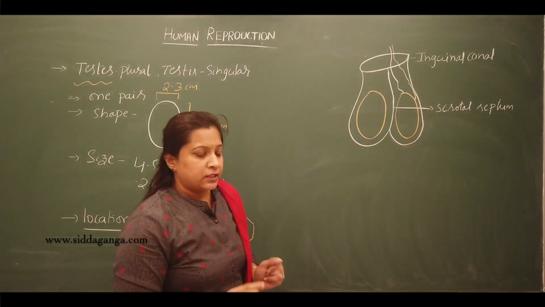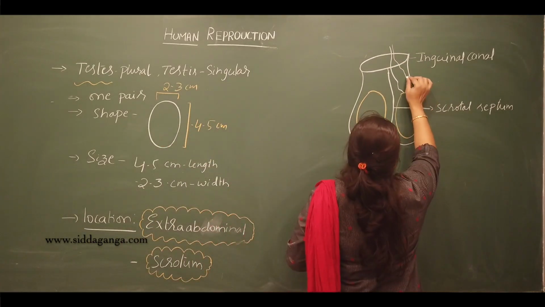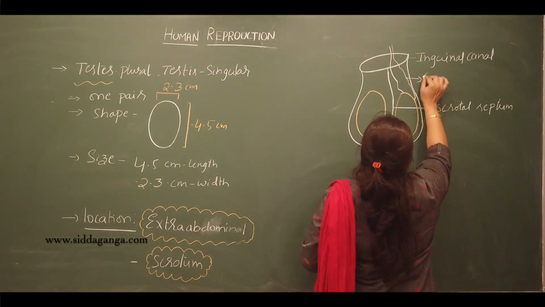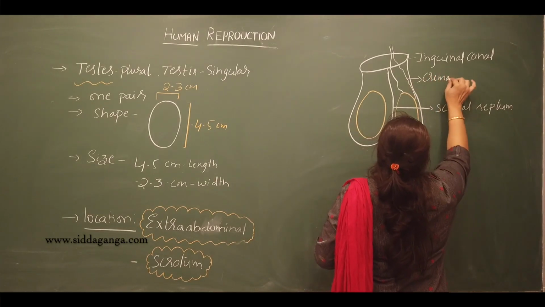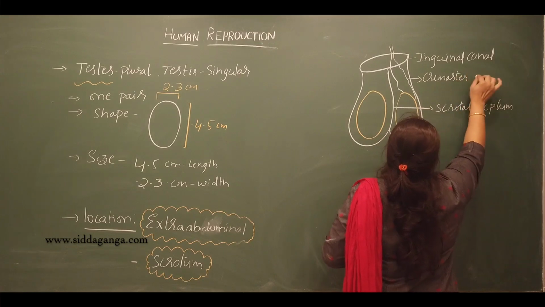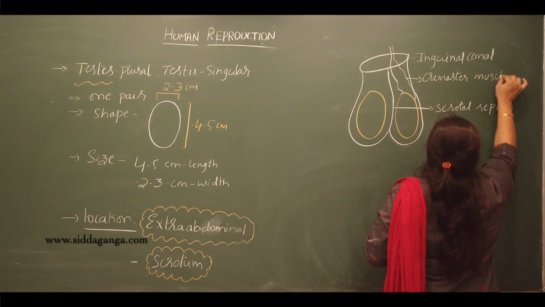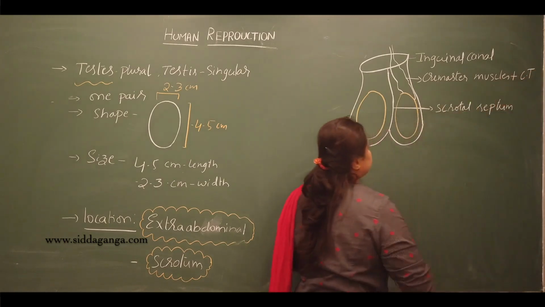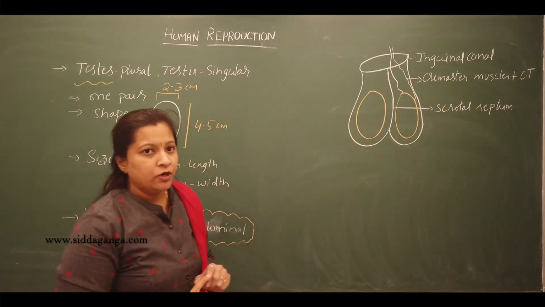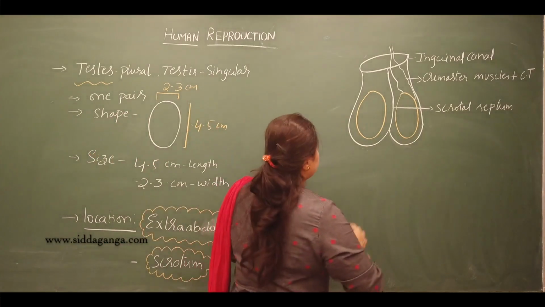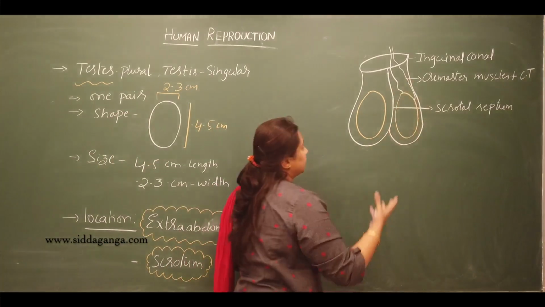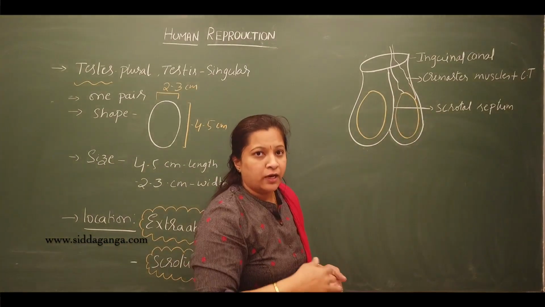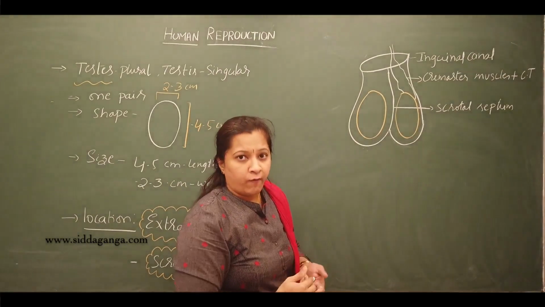This spermatic cord is made up of cremaster muscles plus connective tissue. The spermatic cord encloses the blood vessels, nerves, lymph vessels and the vasa deferens.